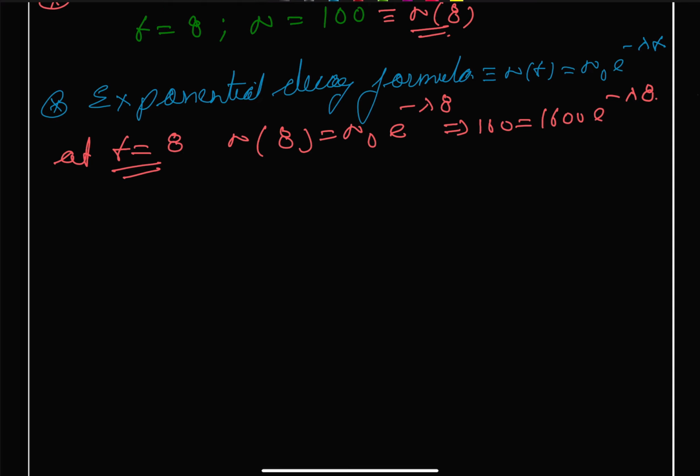So e raised to power minus lambda 8 will be equal to 100 upon 1600, which is 1 upon 16, and this can be written as lambda is equal to natural log of 2 divided by 2.